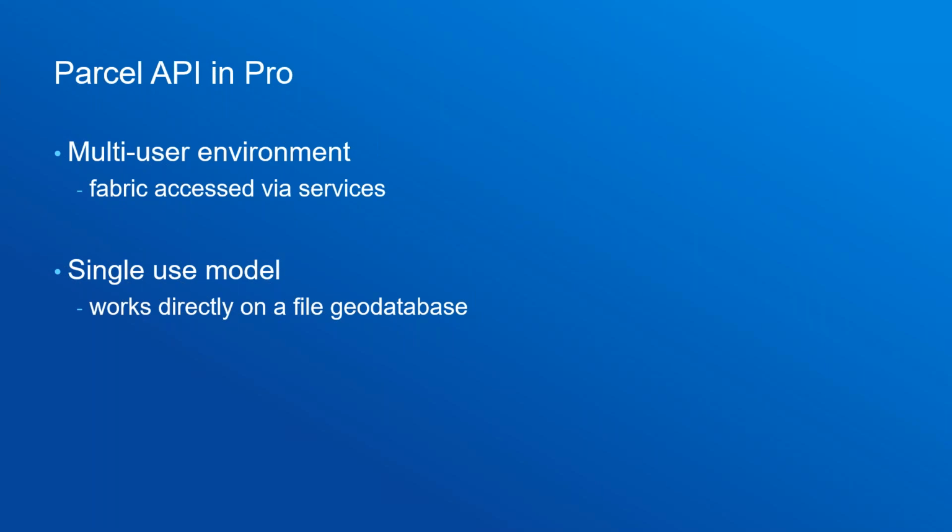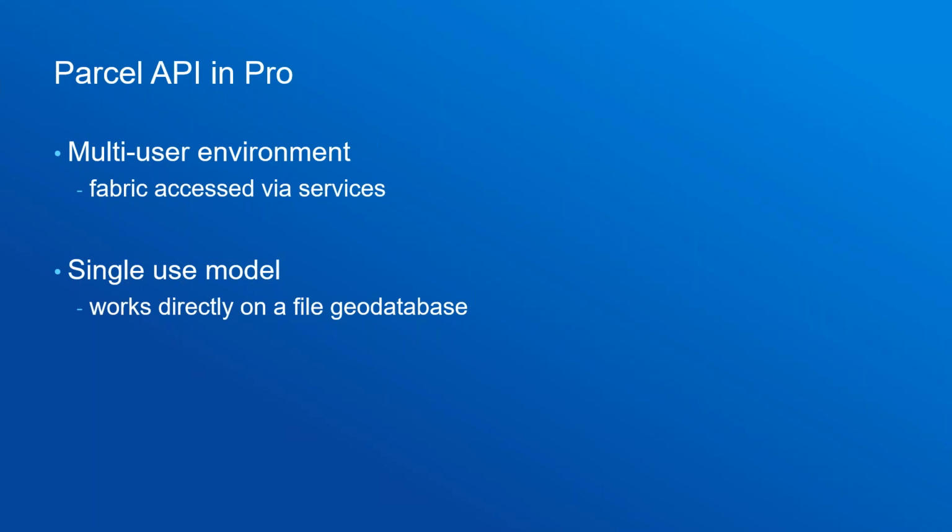When the parcel layer is used to get the fabric data, for the multi-user case, it's being accessed via published feature services, and it's using the branch versioning model. Now, though the Parcel API is designed around this SOA, or services-oriented architecture, those same layers can also be used to point to and work with a fabric created and stored in a file geodatabase. And so that would be a single-user model.